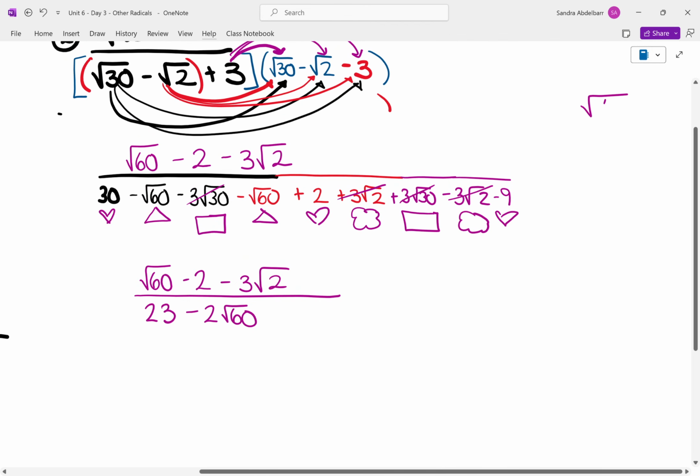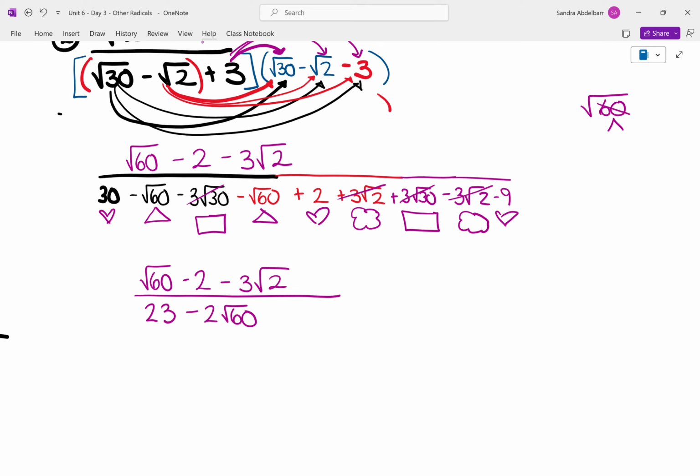So if you have the root of 60, 60 could get broken down into, let's say, 2 and 30. Then 30 will get broken down into 2 and 15. Is it worth breaking down the 15? No. Why is it not worth breaking down the 15?